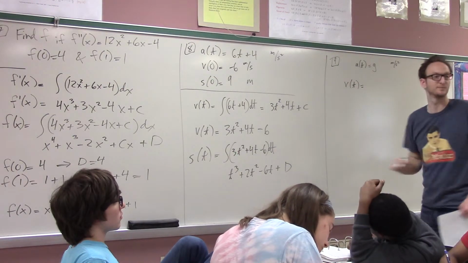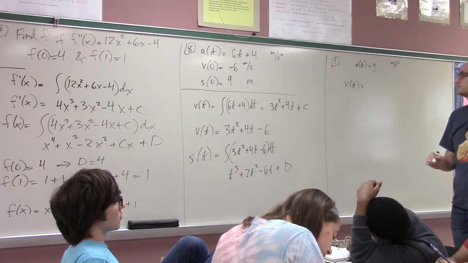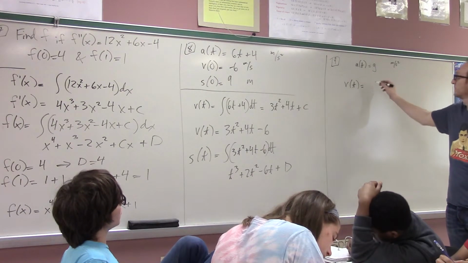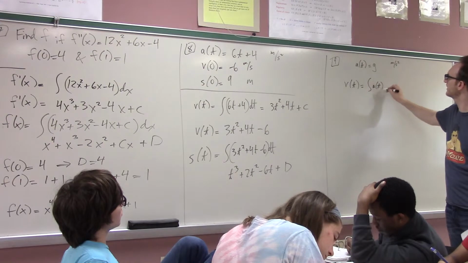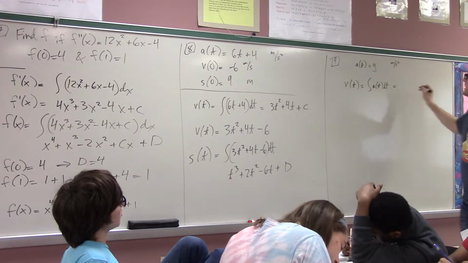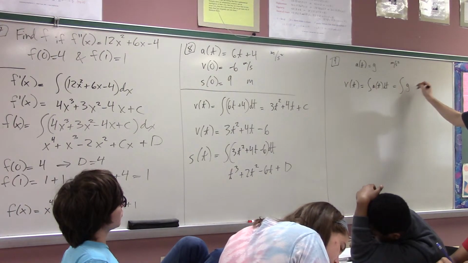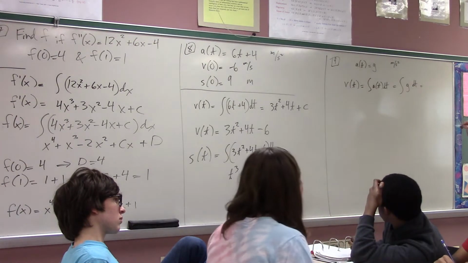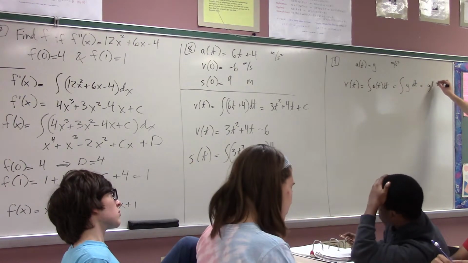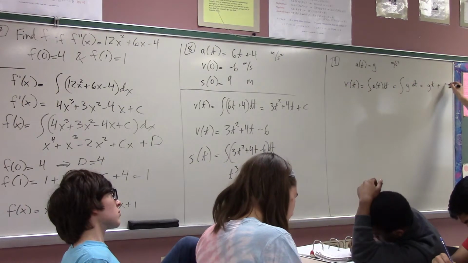Since it is a constant, I can tell you what the velocity is. Well, what is the velocity? The velocity is an antiderivative of the acceleration. In other words, it's an antiderivative of g dt. And what do I get? gt plus c.